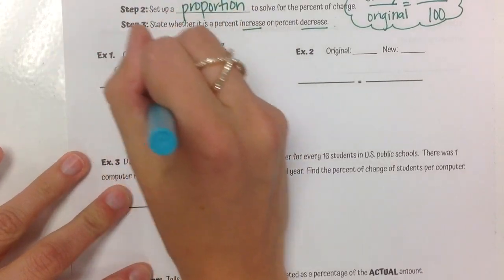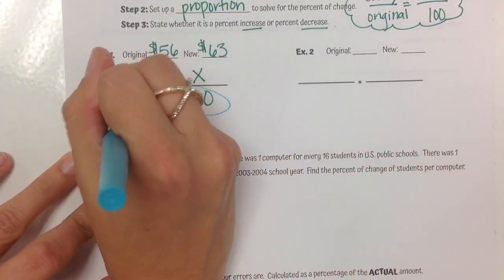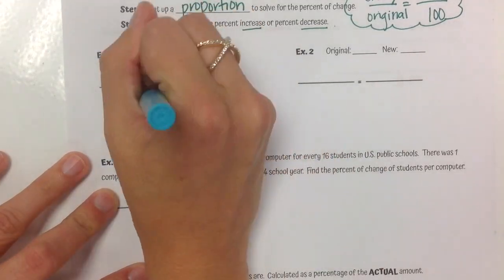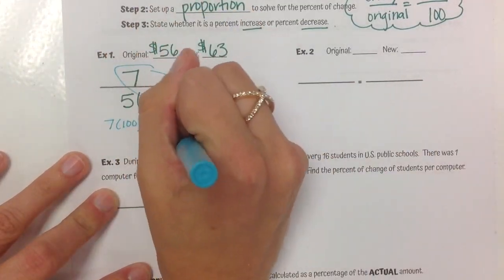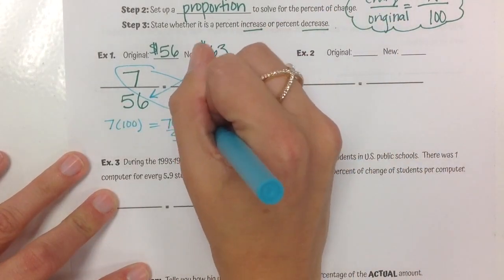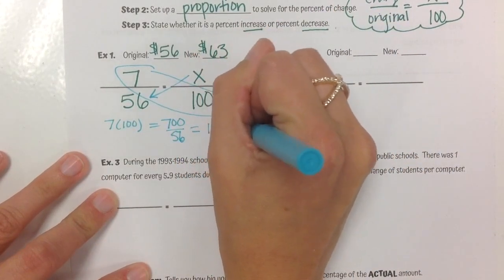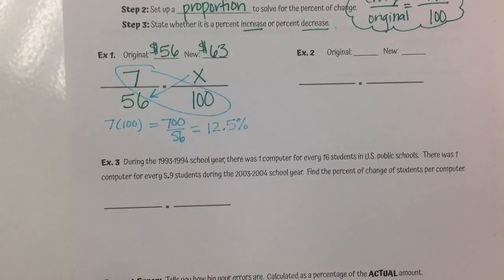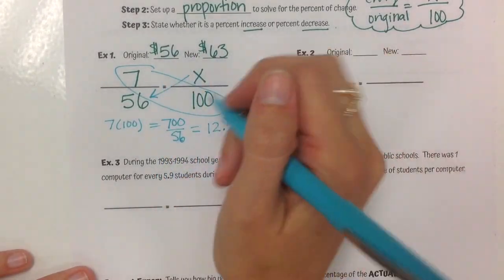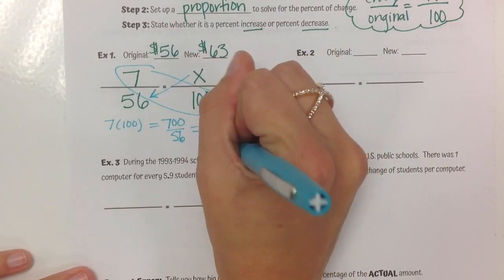I'm going to multiply the two numbers that are opposite each other. 7 times 100 equals 700. And I divide by the number that's opposite the variable, and I get 12.5%. And then remember, in our answer we need to include if it's an increase or decrease. Well, our new amount is bigger, so it was an increase.